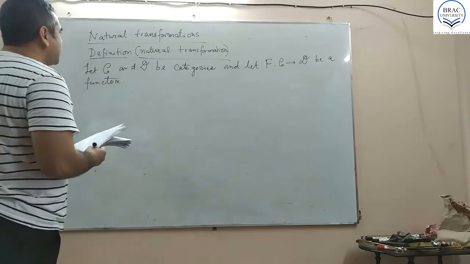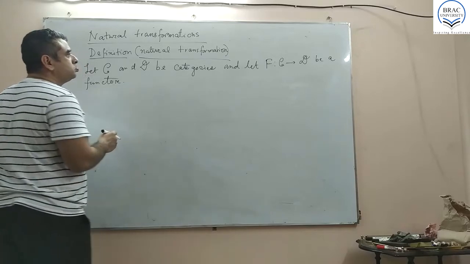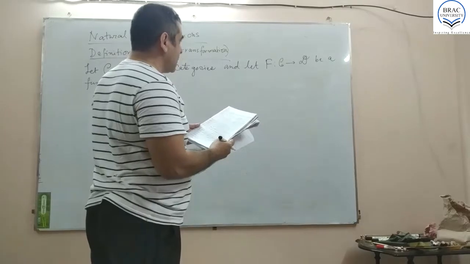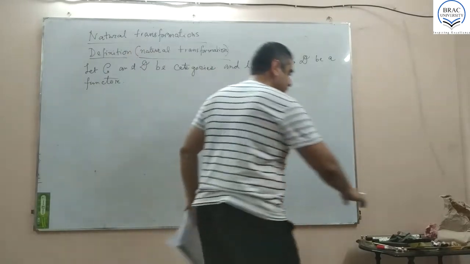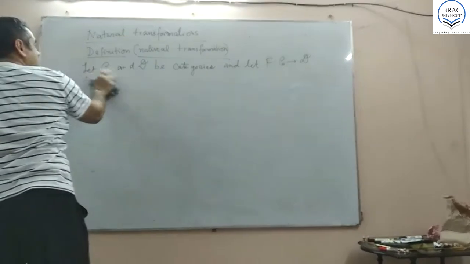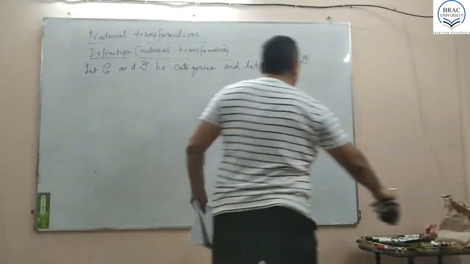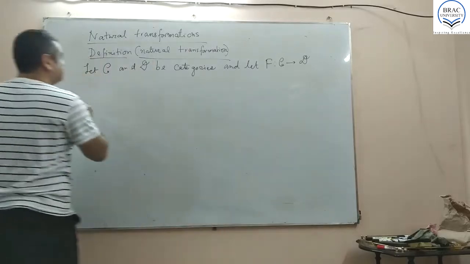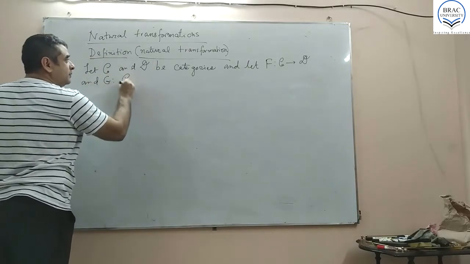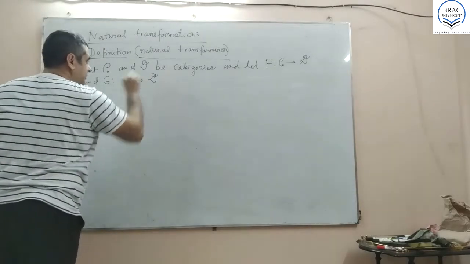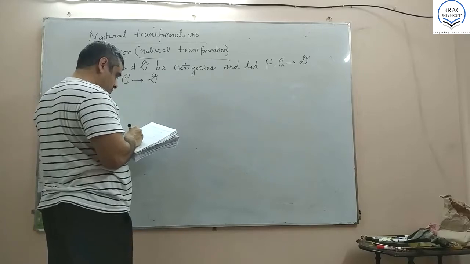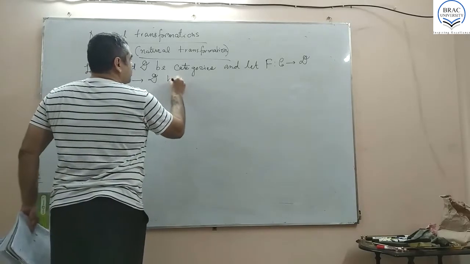Natural transformation alpha. Sorry, we need two functors, okay? One is this one. So we need two functors. Let F and G be functors.